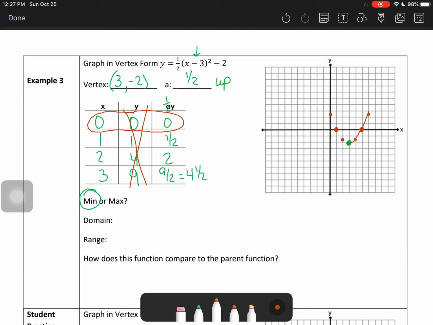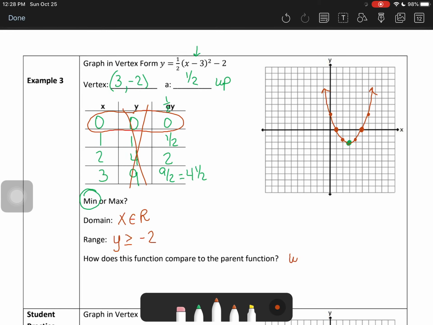We'll draw in our parabola, arrows on both ends. Our domain is always x is an element of the real numbers since we are going infinitely left and right. Our range is going up, so it's going to be y greater than or equal to the y value of our vertex, which is -2.